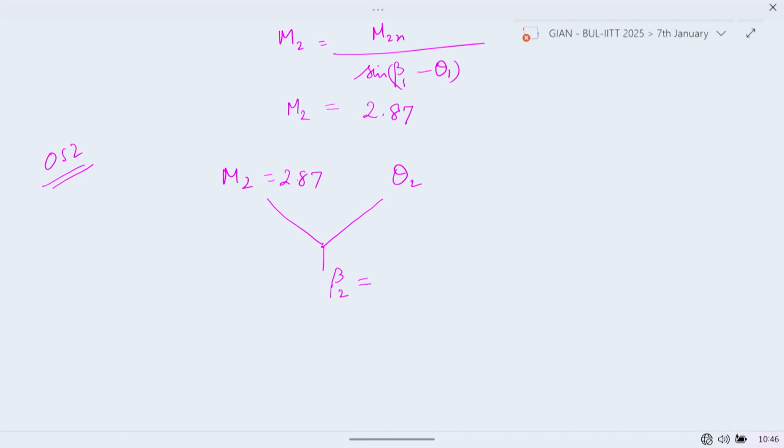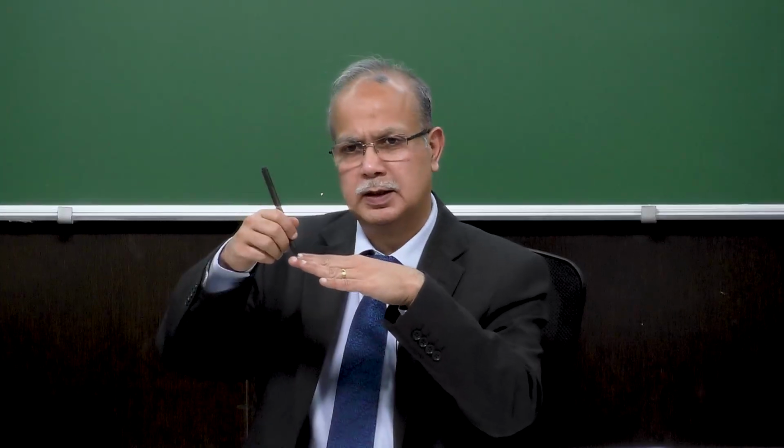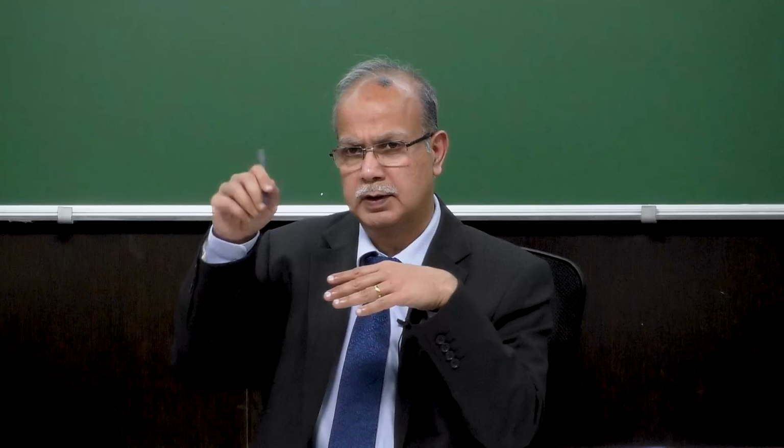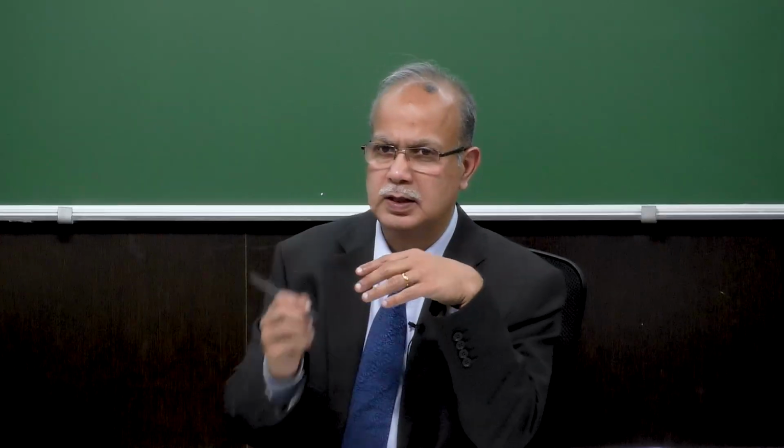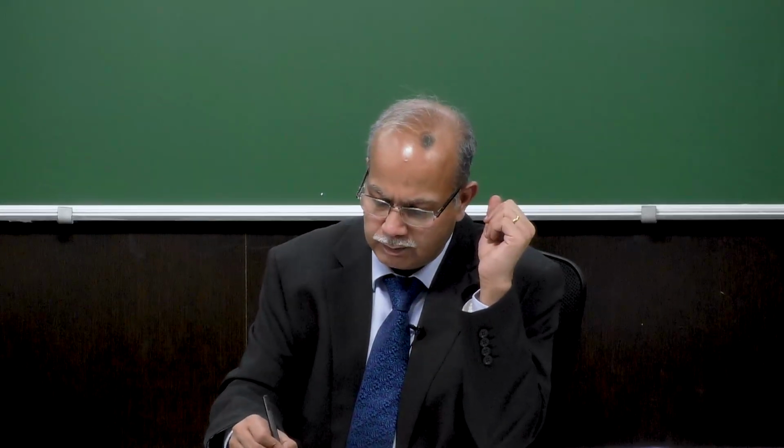What's the value for theta 2? The flow has already turned by an angle of 10. So with respect to 10, it again has to turn only 10 degrees. It is given as 20, so the actual flow turning is 10.